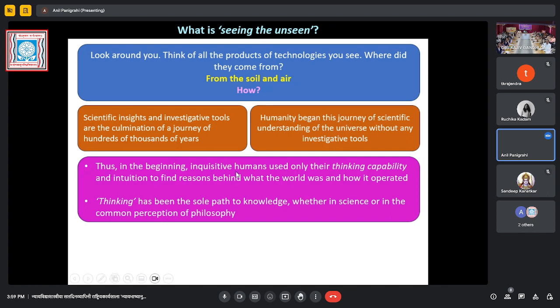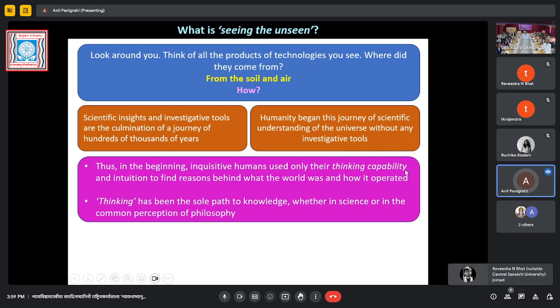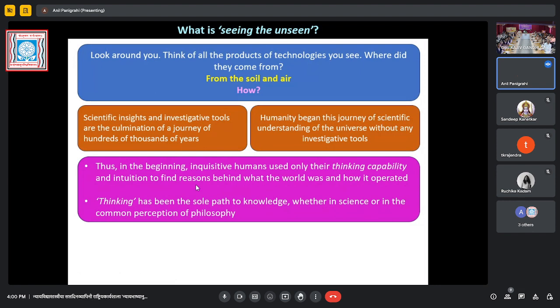So, in the beginning, what did humans do? They used their thinking capability and their intuition to find reasons about how the world operates.